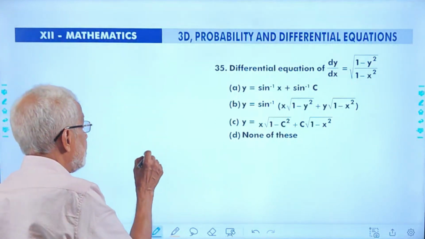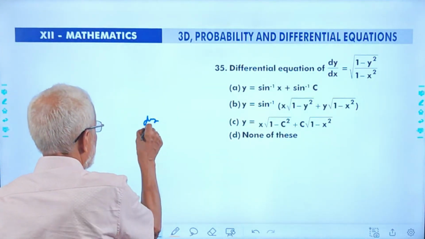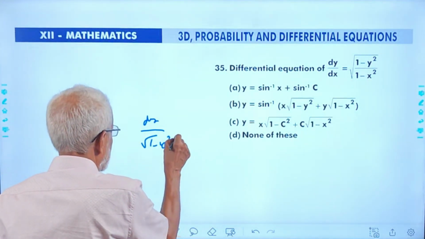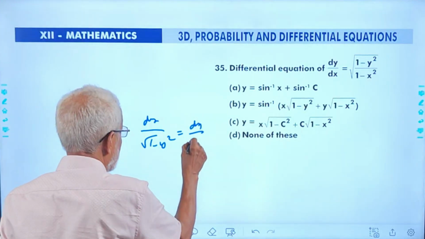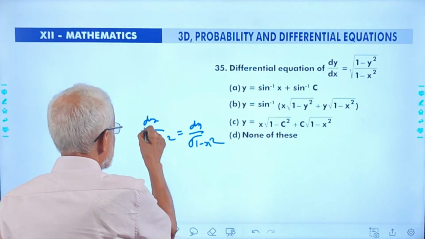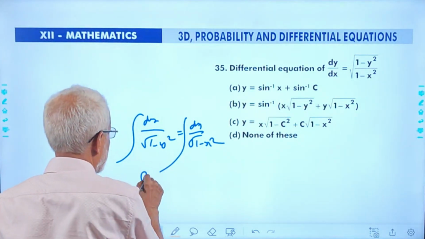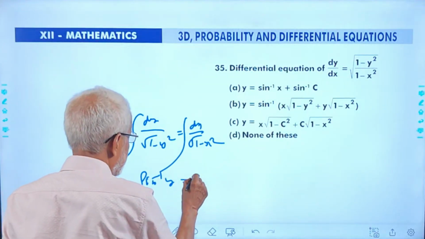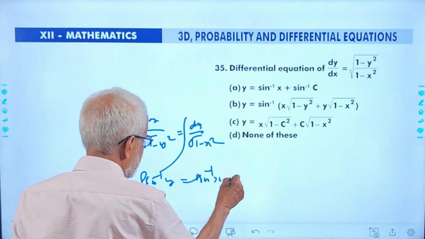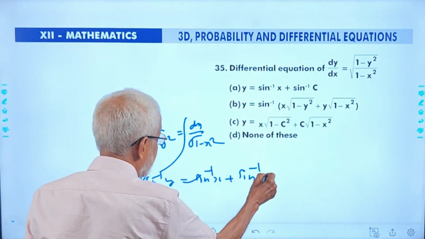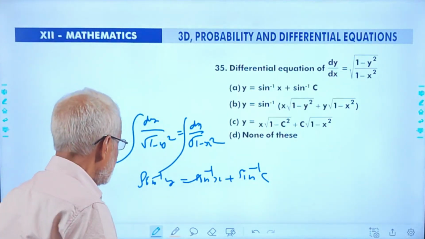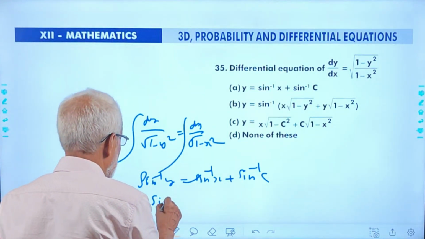The given equation can be written as dy by root of 1 minus y square is equal to dx by root of 1 minus x square. Integrating both sides, we get sin inverse y is equal to sin inverse x. We can take the constant as sin inverse c. Therefore, sin inverse y is equal to sin inverse x plus sin inverse c.